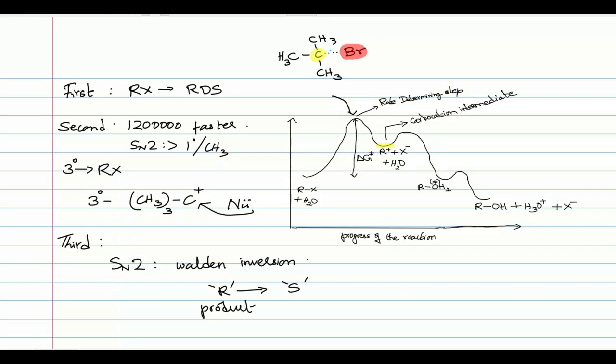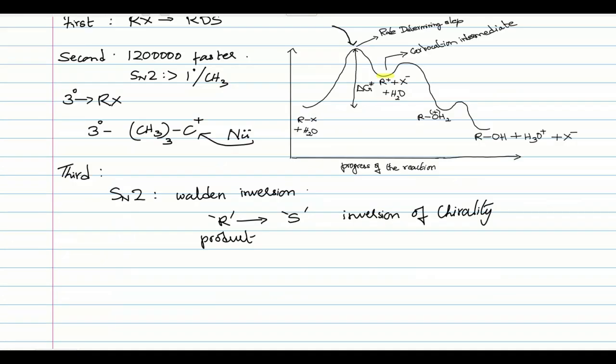That is, there is inversion of chirality, which is the very characteristic feature of an SN2 reaction. This we have observed for SN2.